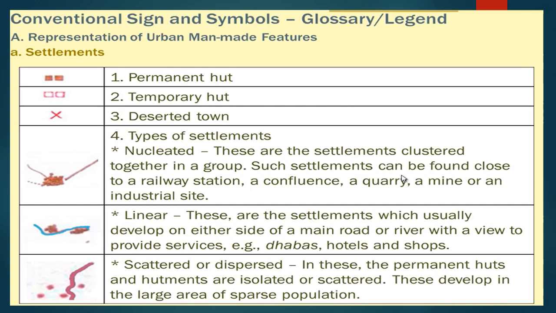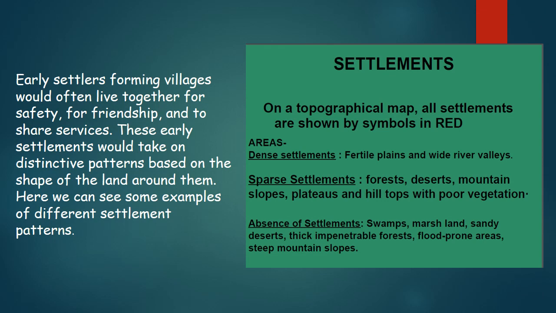The next is the scattered or dispersed. In this, the permanent huts and hutments are isolated or scattered, and this develops in a large area of sparse population. Again, I would like to tell you one thing: on topographical maps, all settlements are shown by symbols in red.